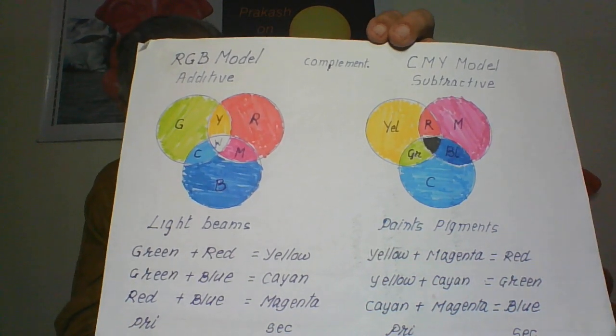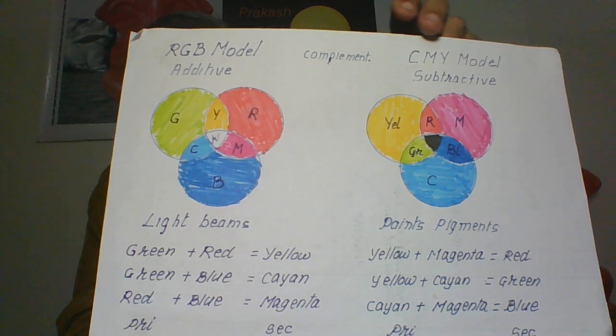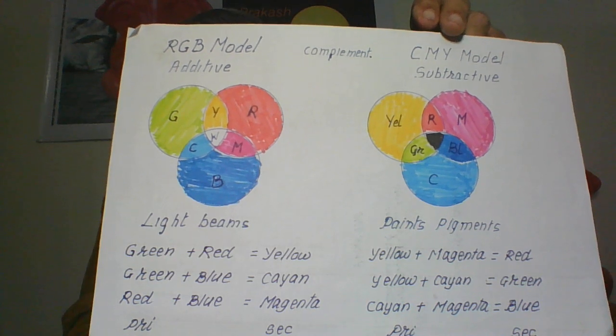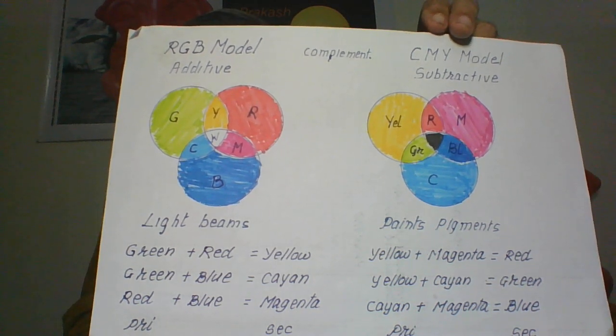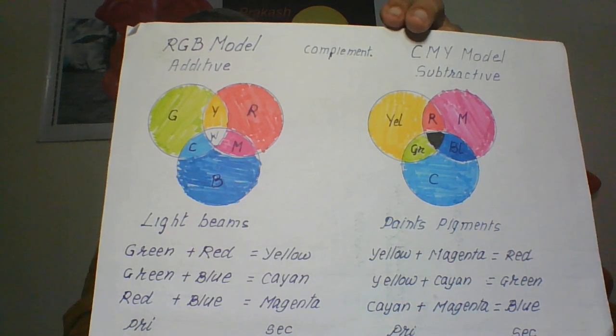So you can see the way in which they combine. We talked of green and red combining to give yellow, green and blue combining to give cyan, red and blue combining to give magenta.